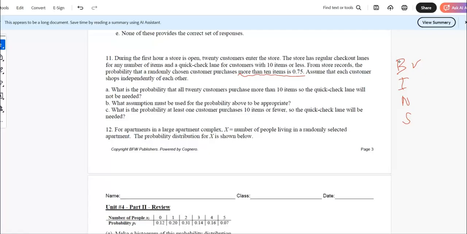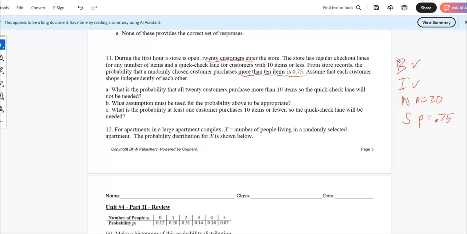I think it said that, but that seems true. Set number of trials. 20 customers enter the store. So n equals 20. So that's true. Same probability of success, p is 0.75. So it does seem like it passes the test.